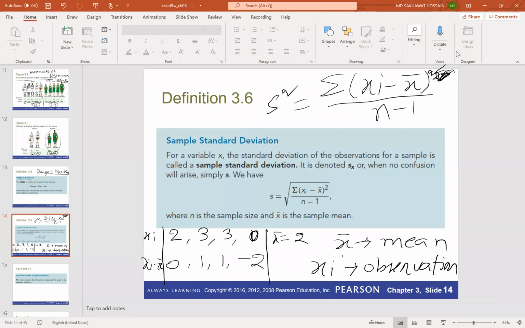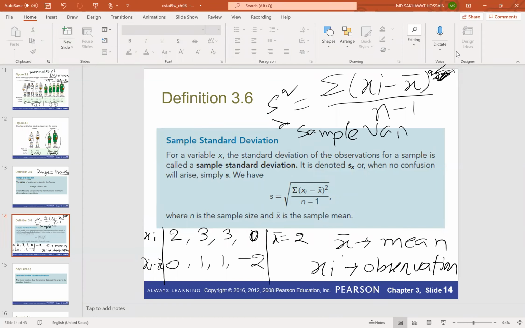This is called the squared deviation of the observations from the mean. And then we divide by n minus 1 to take the average. This is called the sample variance. So this is one measure of dispersion or variation.